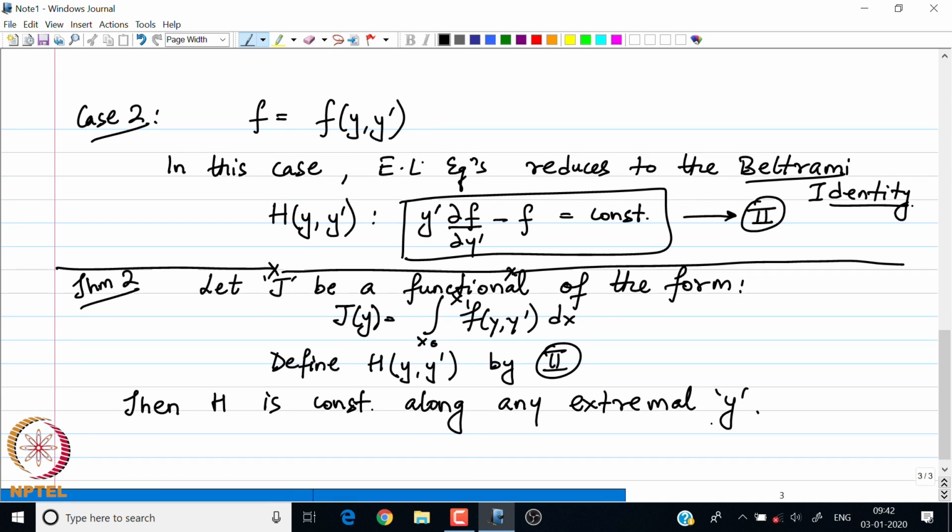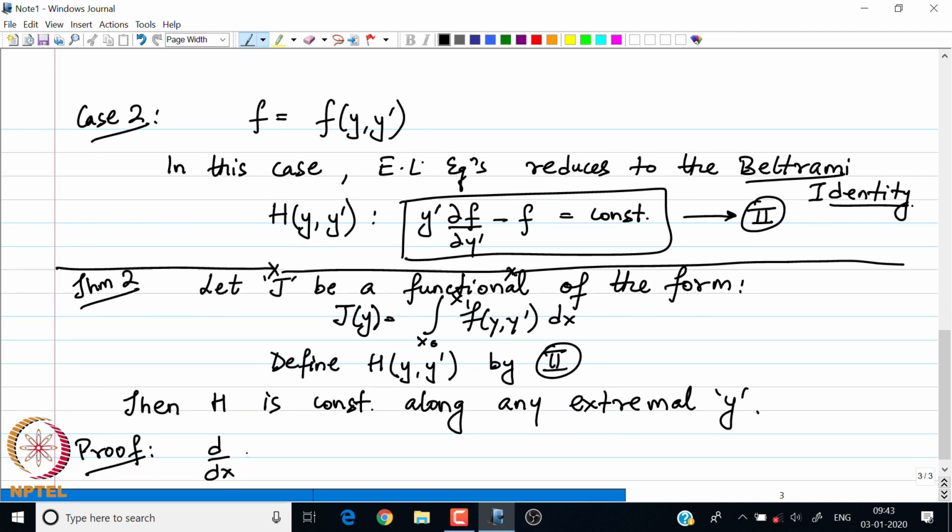So, all we have to show is that the derivative of this function with respect to x, which is the independent variable, is 0, and the result follows right away that the function will be a constant. Okay. So, the proof, as I said, is we have to show that the derivative of h is 0.